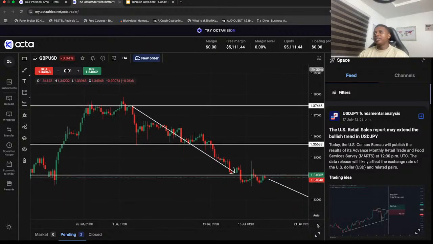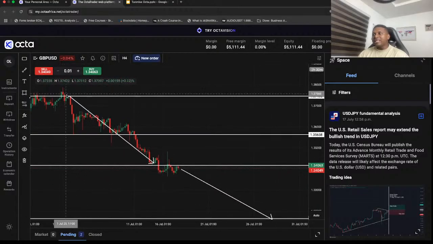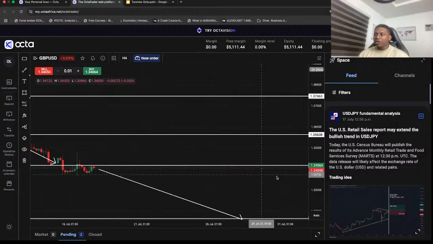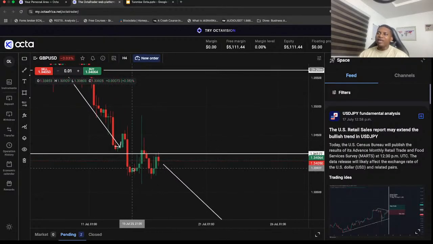Also, you can see here that price has dropped. If we look at it closely, look at the support zone. Price has dropped below the support zone. So what we have here is only a mirage.